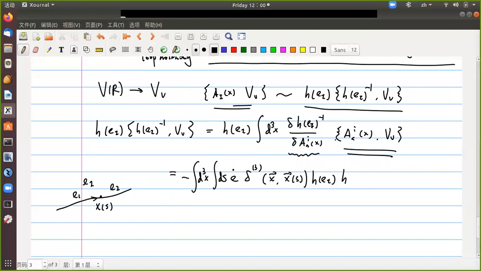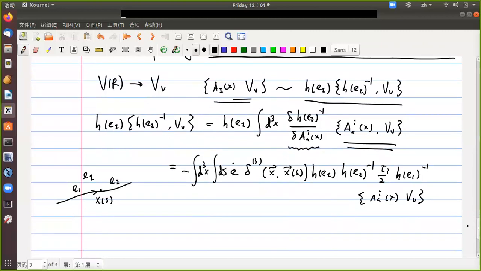Because you get an inverse, you will get E2 first, and tau half I, and then H E1 inverse. Okay, and then multiply AI. Okay, so this is your result.